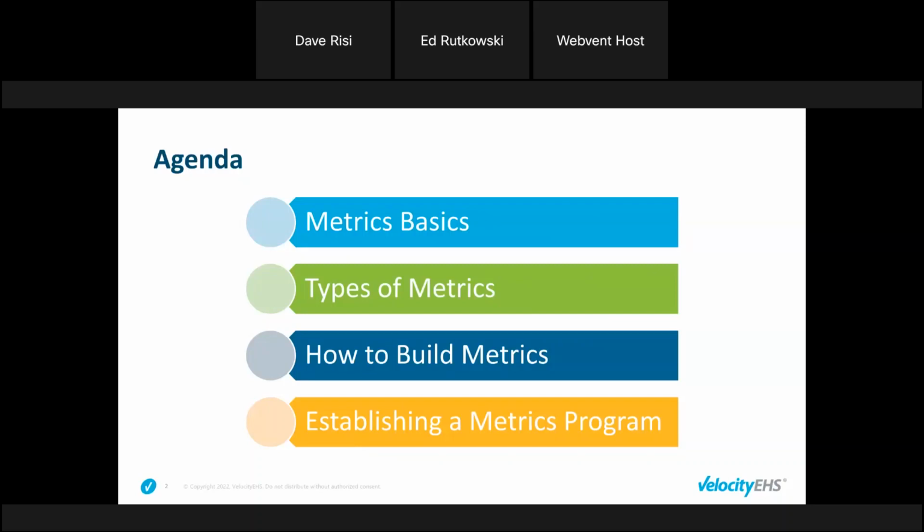We don't really get educated on that in most industrial hygiene programs, and most people just have a fancy dashboard, build out some metrics and say, this is great. I'll walk you through a really detailed how-to on building metrics with some good examples, and then we'll talk about how to build out and manage the program so it's evergreen.